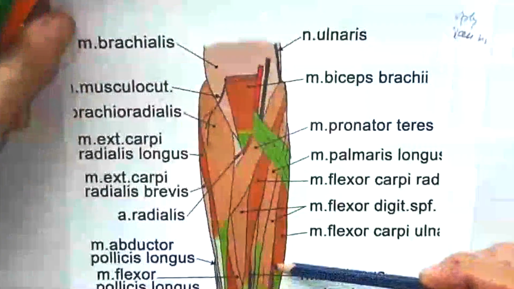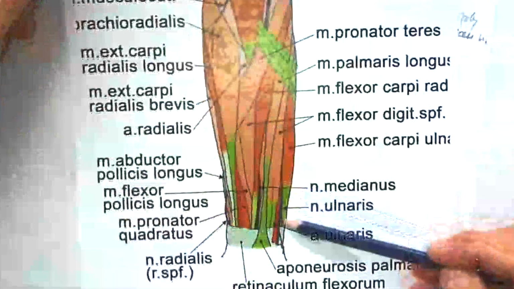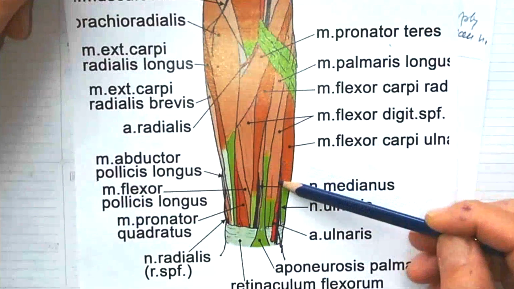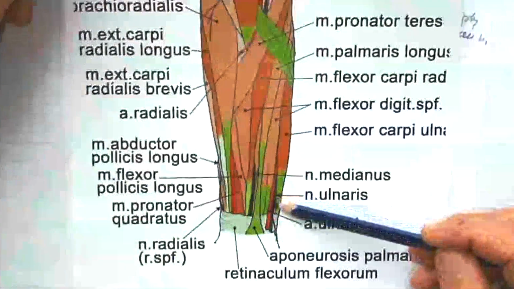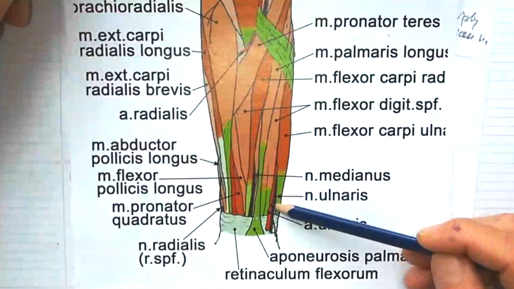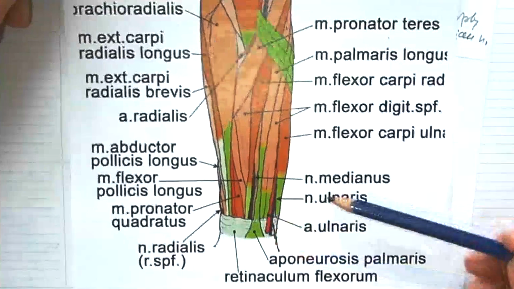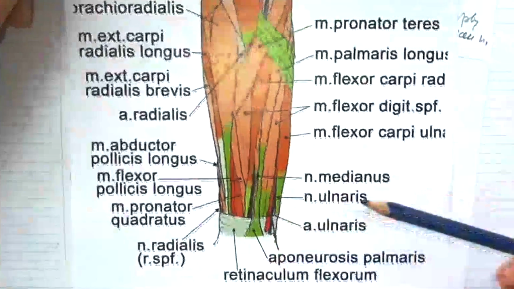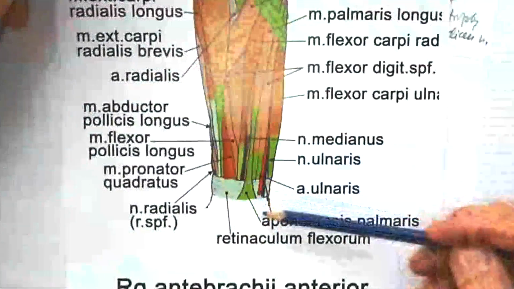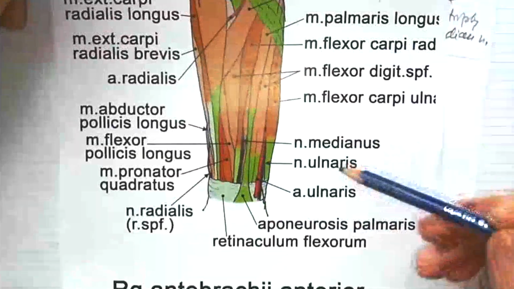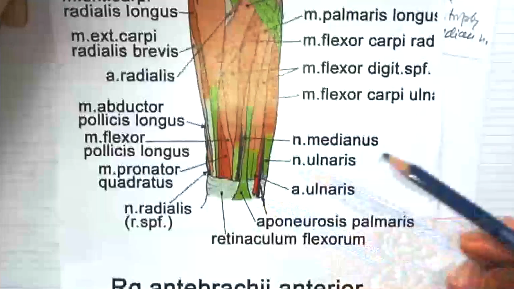Then, as we said, in the distal fourth, the ulnar nerve joins the artery and they run together. When the ulnar nerve is more medial, the ulnar artery is more lateral. They run over the flexor retinaculum, so that's superficial, and they enter the canal. We call it canalis nervi ulnaris or Guyon's canal. We will speak about that.